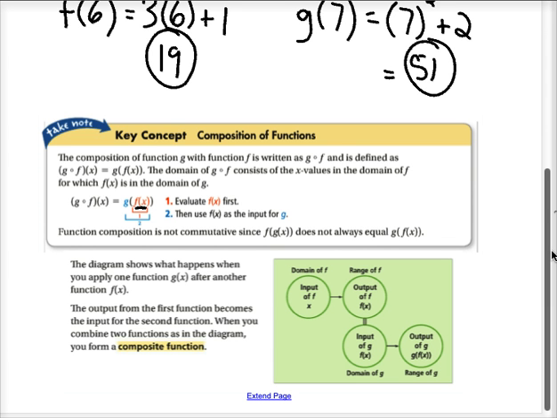So here's a little flow chart for you to understand. We're starting with a domain of f. We're putting something in there that becomes the range of f. Remember, a domain you use as input, the range you get as an output. Now that output becomes the new domain of the outer function, g, which results in an output of the range of g.